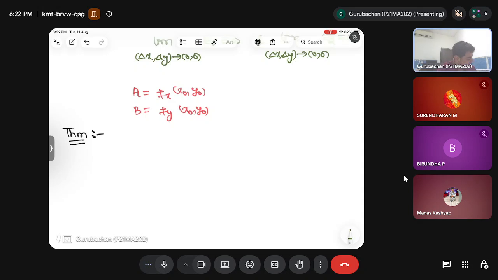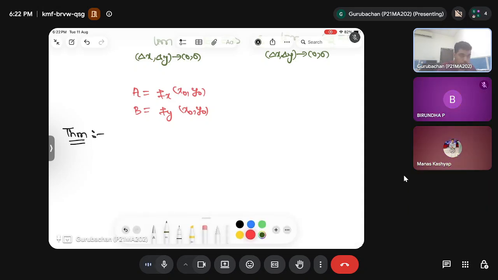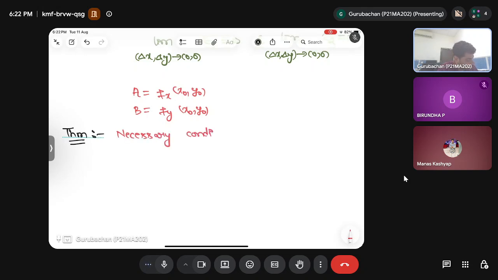This was the necessary condition. So I'm writing it point-wise. The necessary conditions: first, continuity of f should be there. Second, existence of partial derivatives fx and fy.